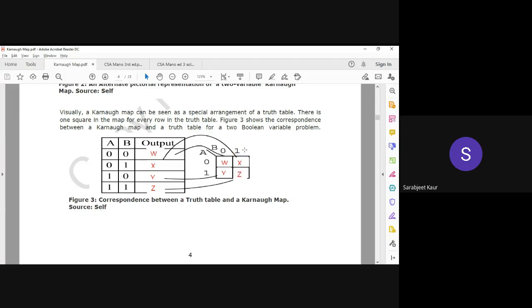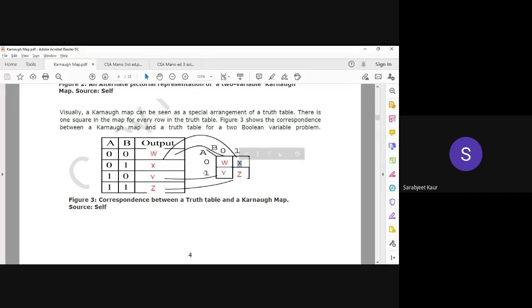So at its intersection, this is A is equal to 0, B is equal to 1. Is this clear? This cell corresponds to this particular row. So you see X here, right?